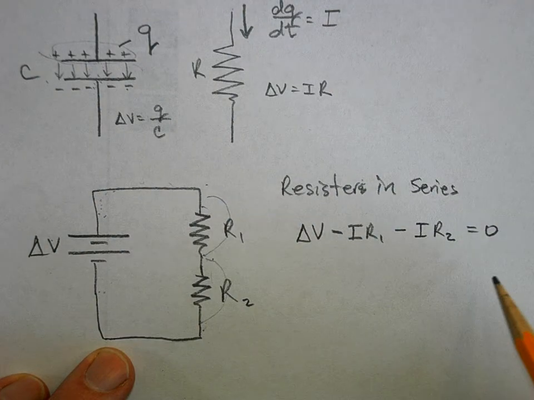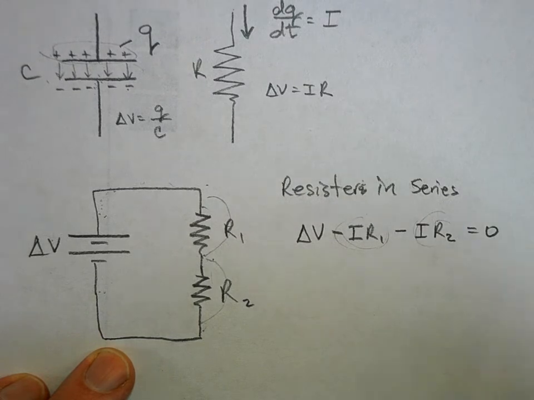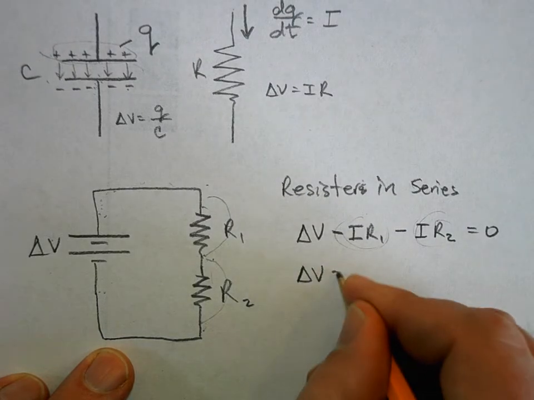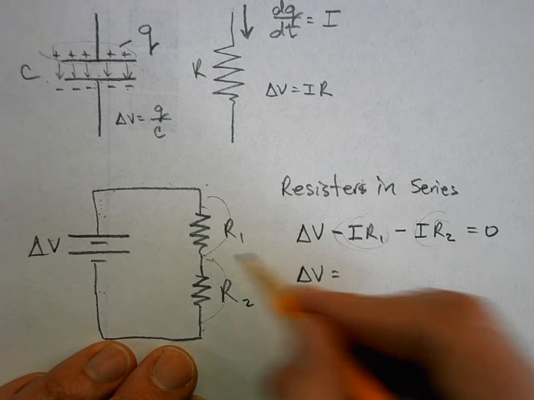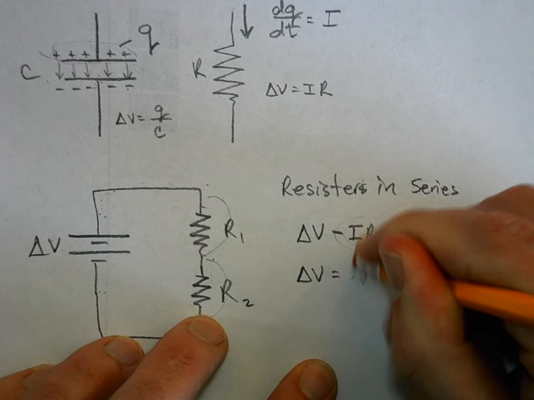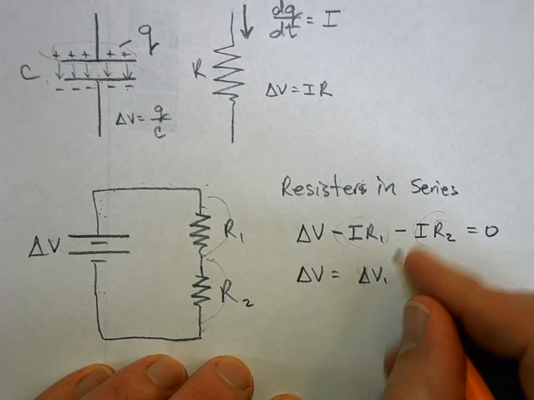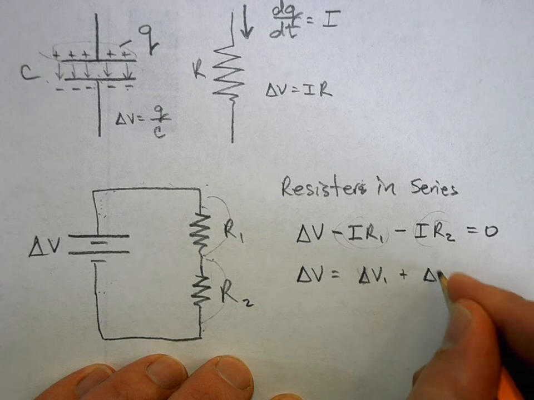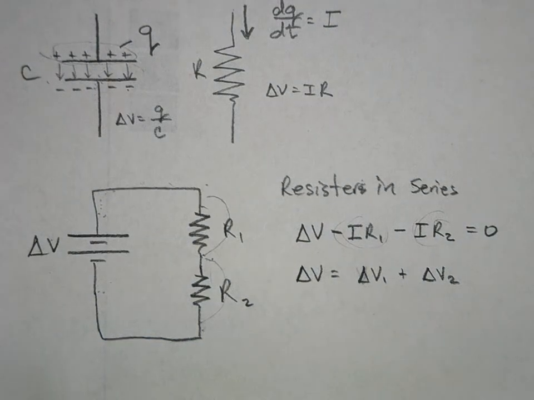Well, let's rewrite this. This is the voltage drop due to 1. This is the voltage drop due to 2. Put them on the other side, and you get this. The voltage gain from the battery has to be equal to the 2 voltage drops. Deltas are kind of a pain, but I'll go ahead and write them: delta V1 plus delta V2. So the voltages add together.